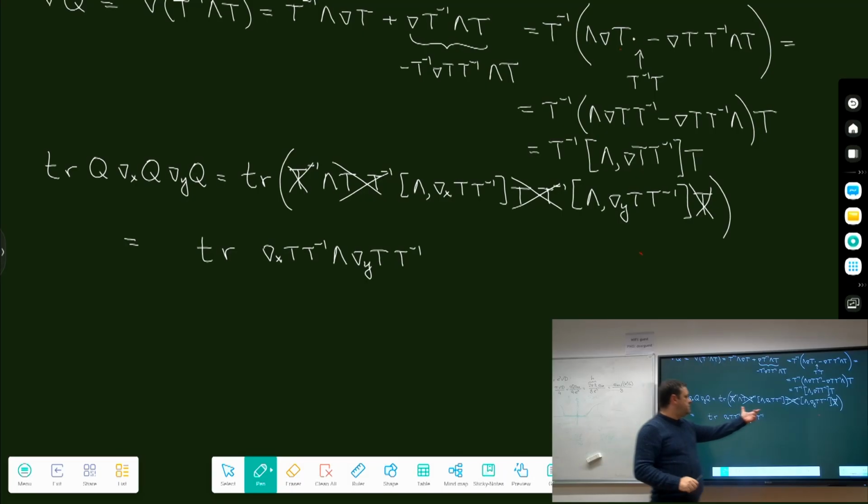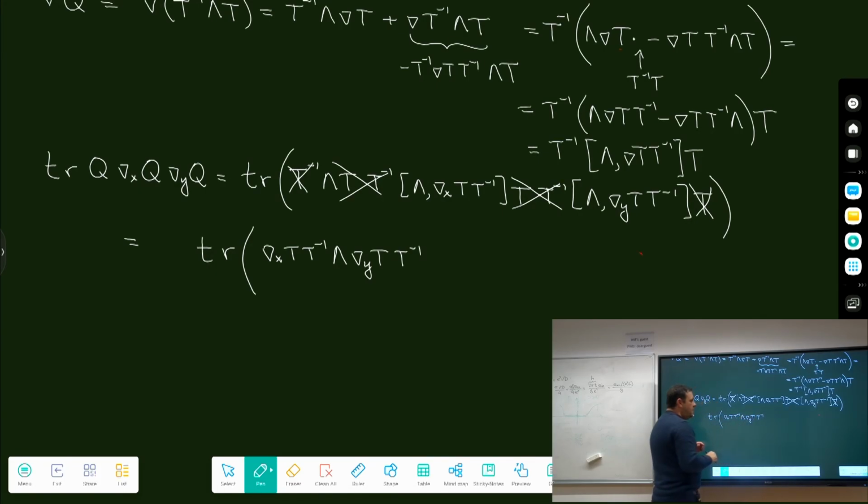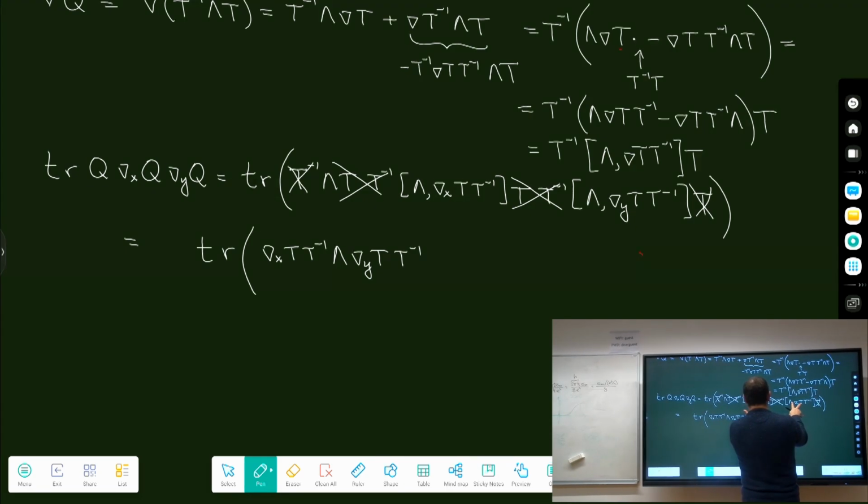This happens when I just remove the commutator brackets and say lambda times gradient times lambda times gradient. Lambda squared is 1, it disappeared. Then there is a gradient, lambda, another gradient. I can also flip both commutators like this.